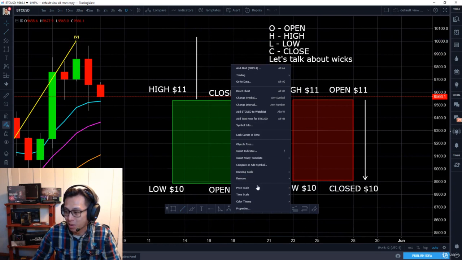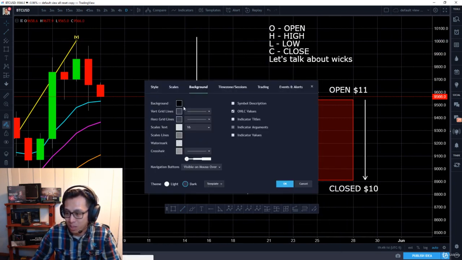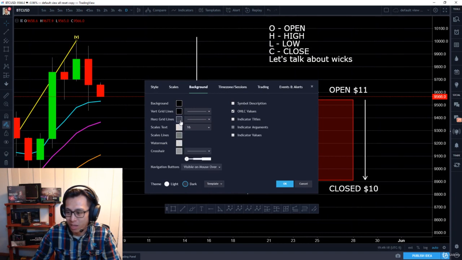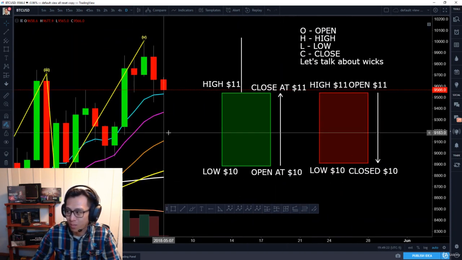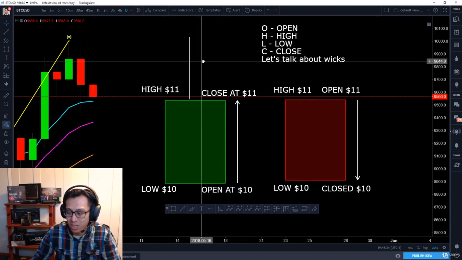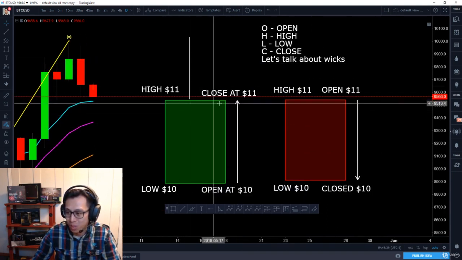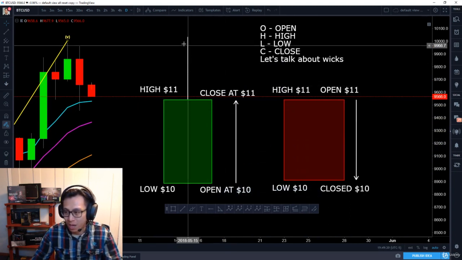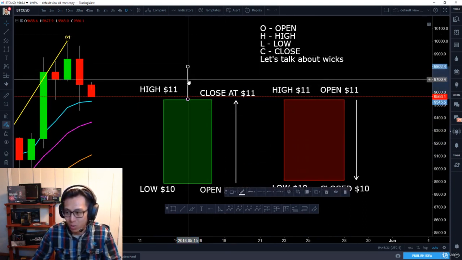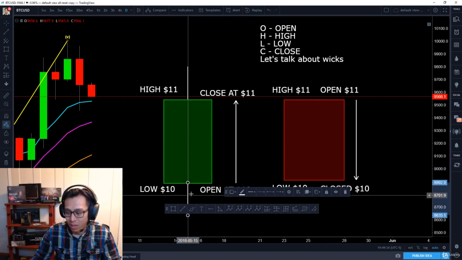Let's clear out the background so you can see it a little bit better here. Let's take out the vertical lines. We don't really need them whatsoever. Let's take that out for a moment so you can see it a little more visibly. And let's also make a wick on the other side as well. Let's make a wick there.